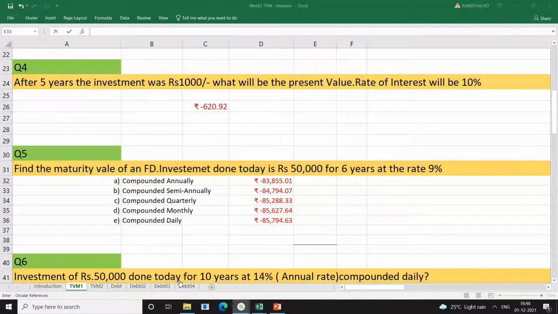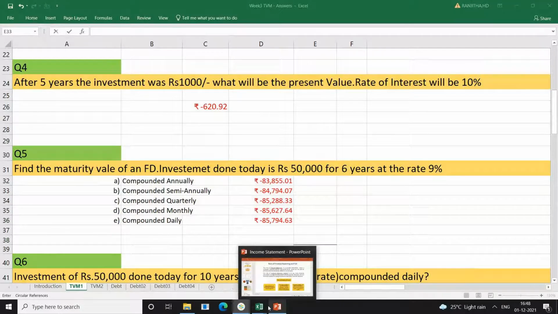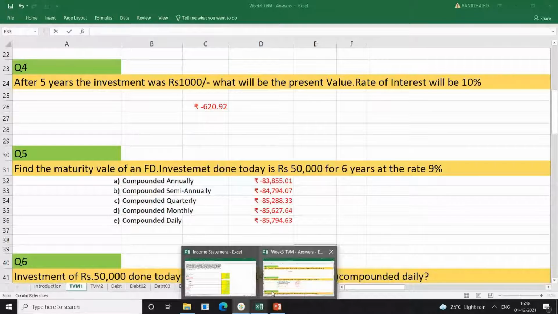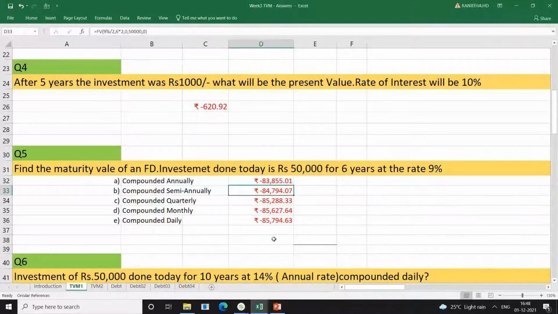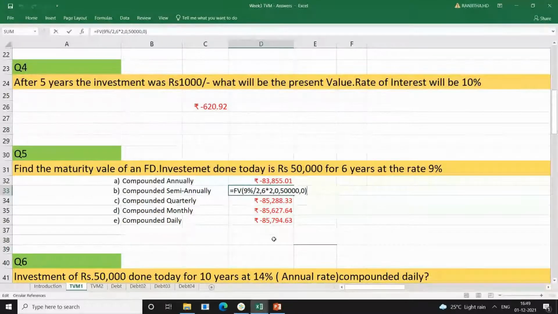Okay. So whenever you are going to find it out with semi-annually, if it is 6 years, that should be divided by 2. That 9% will be divided by 2, and the 6 years will be multiplied by 2.